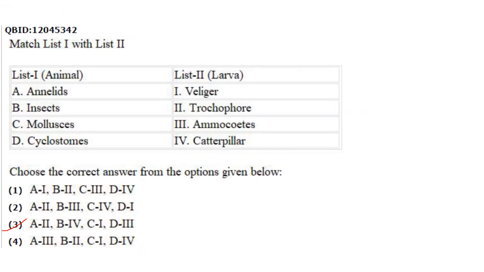Then next one. Again match the following. List 1 includes animals and list 2 includes their larva. So out of these, which is the correct option? Annelids, annelids is Ammocoetes larva.